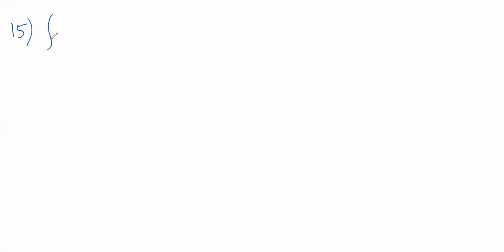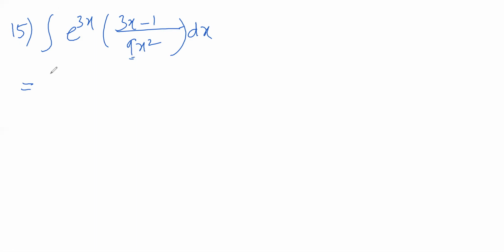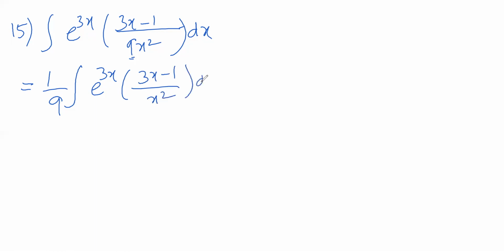Problem 15. Integral e power 3x into (3x minus 1) by 9x squared into dx. Now this 9 is a constant, so take 9 outside. 1 by 9 into e power 3x into (3x minus 1) by x squared dx.